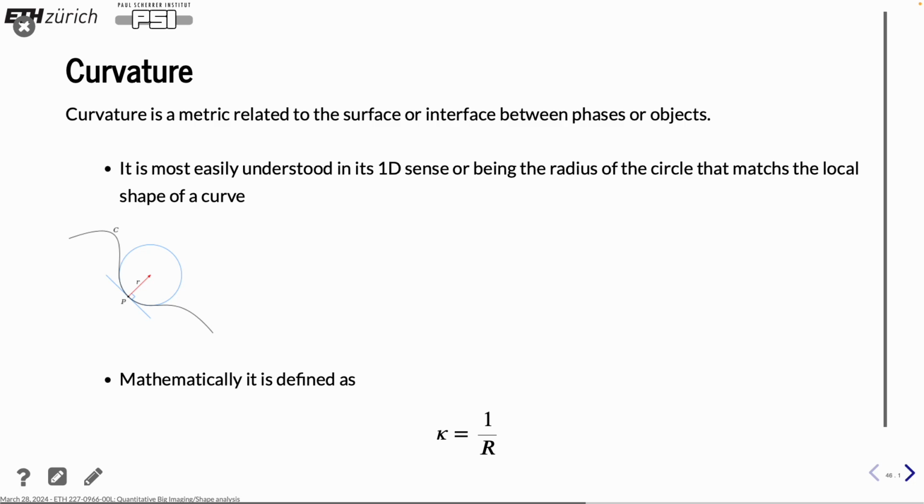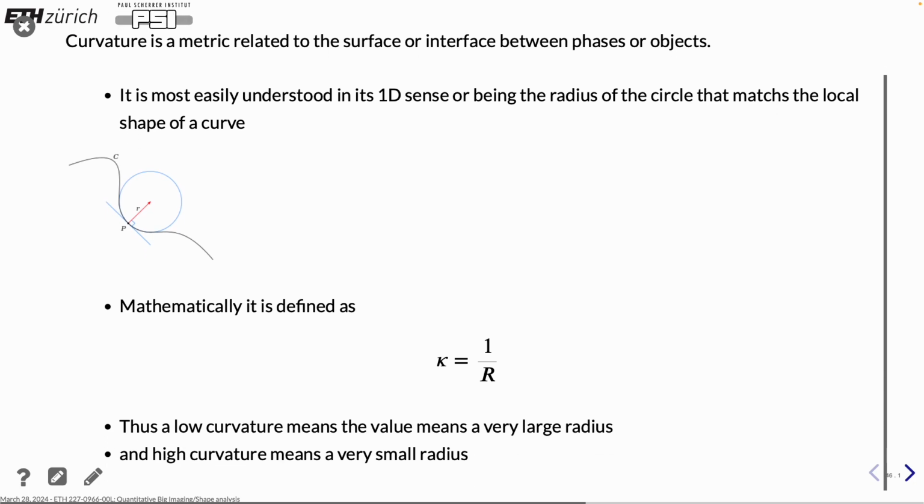One more thing we can measure is the curvature of the object, and the curvature is mathematically defined as 1 over the radius. So a low curvature means then that we have a very large radius, and reverse, of course.